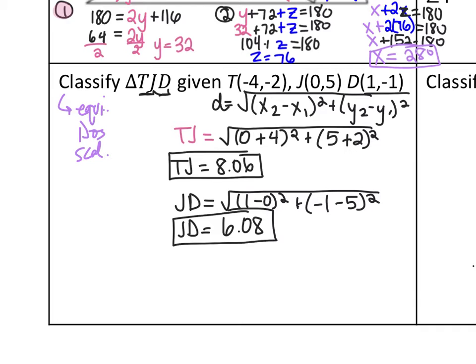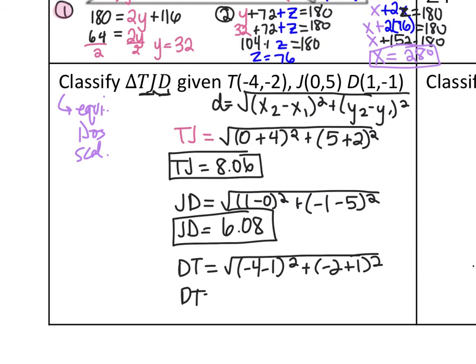But we still have one more side to figure out. So last side length, DT. Okay? So side length DT, we're going to have negative 4 minus 1. And then negative 2 plus 1, because minus a negative. DT is 5.09. All right?